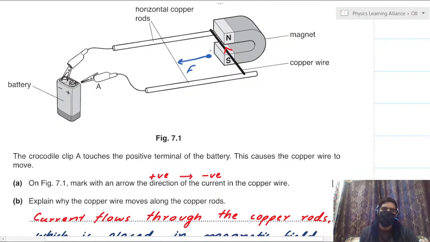They haven't exactly asked you to point the direction of force, but if you want to add it, you can, because place your forefinger downward in the direction of magnetic field, middle finger into the page, then the thumb points towards left with respect to the diagram, right? Not from your perspective, but towards left with respect to the diagram.